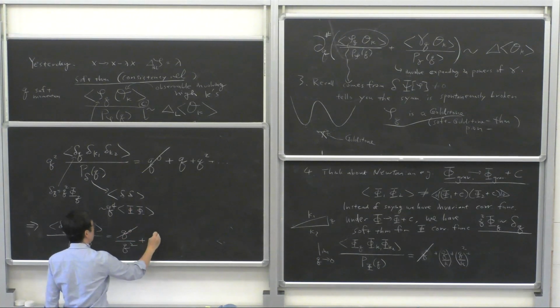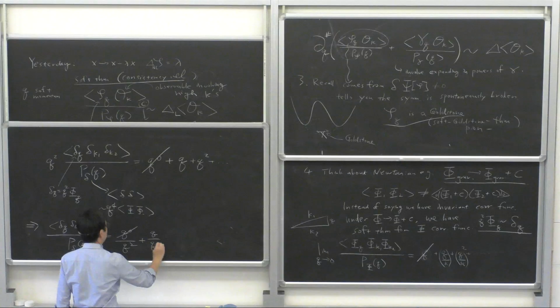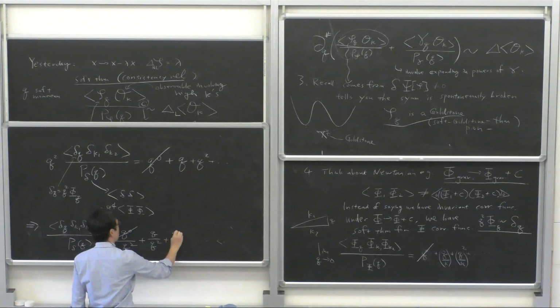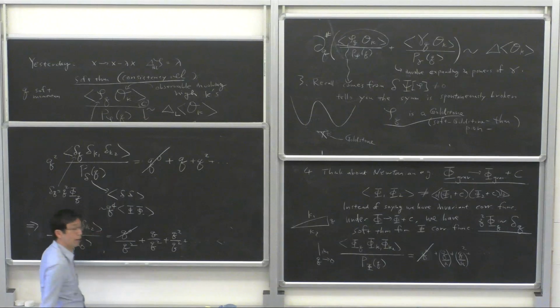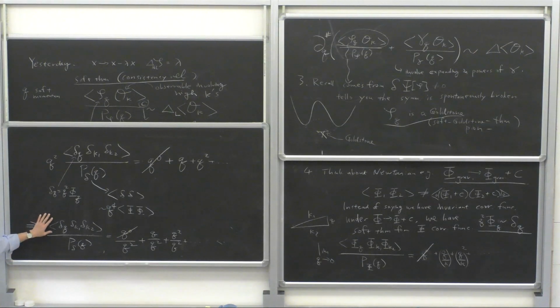The next term is potentially there. And then the next term is also potentially there. No, I just divide overall by q squared. So another way to say the soft theorem for large-scale structure is, if you measure the density 3-point function divided by the 2-point function, take the squeeze limit, it cannot have a 1 over q squared pole.